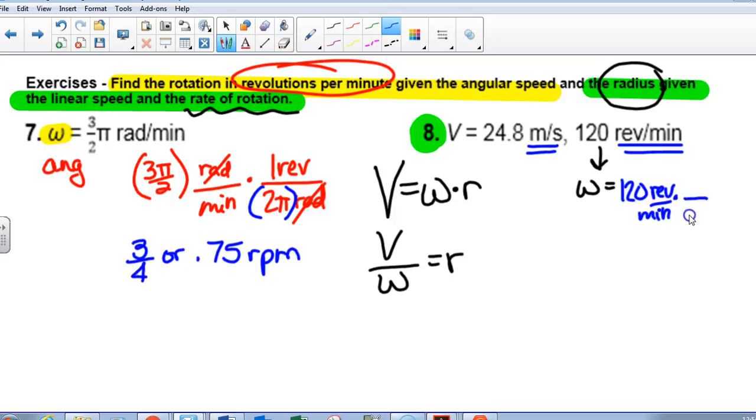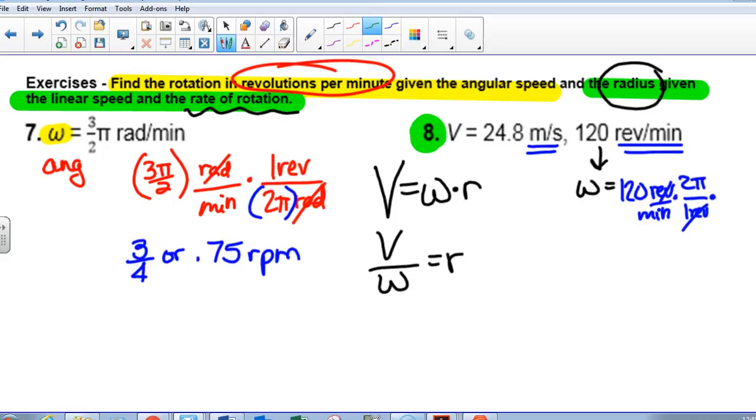How do we change it to radians? We multiply by 2 pi per revolution, which will get rid of revolutions. Okay, now it's in radians, but this is minutes, and this that we want to divide into is seconds. So can we change this to seconds while we're at it?